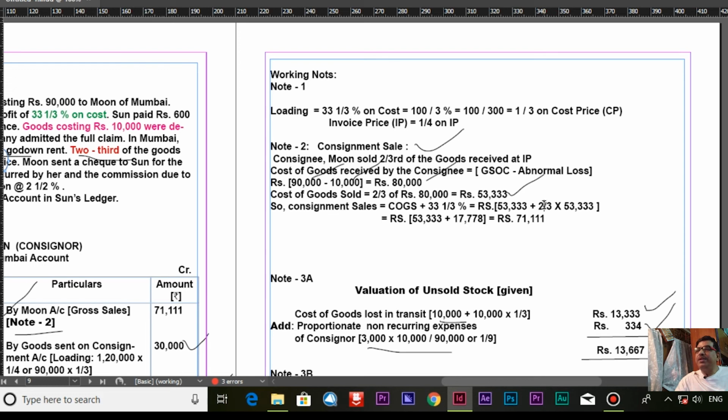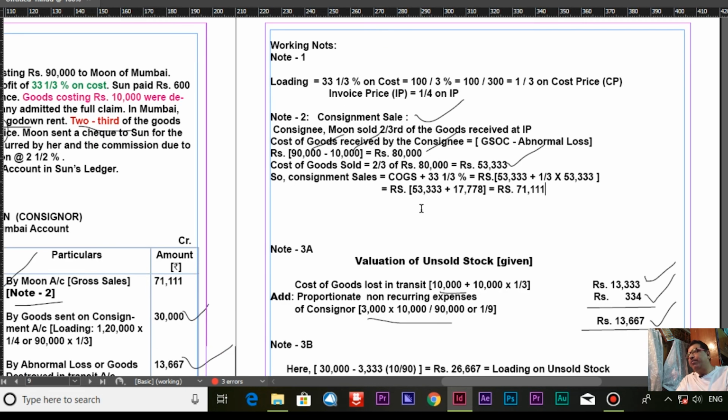You may calculate on your calculator, 53,333 was given, and if you divide by 3, we get 17,778 approx.